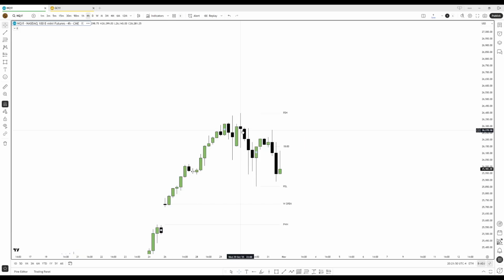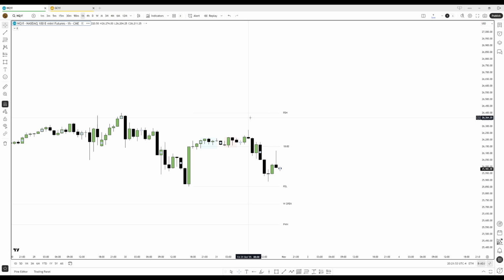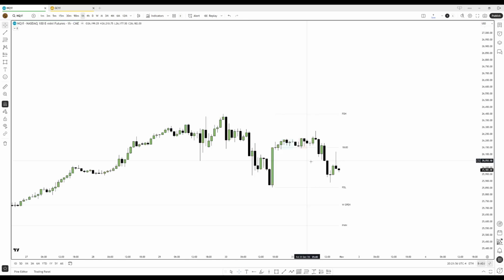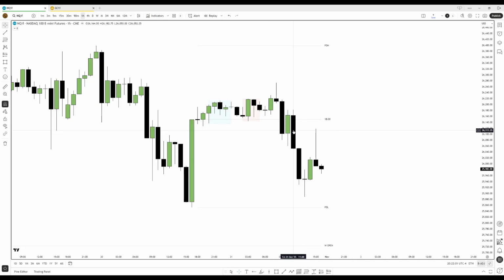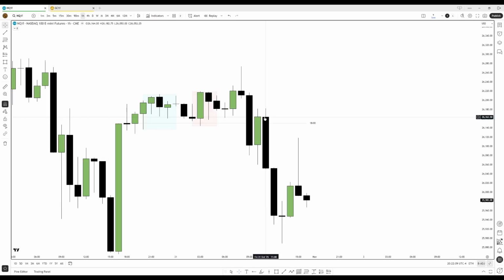If I go to the 1 hour, every candle is 1 hour. So for example, this candle was at 11 a.m. Eastern time, and the next one, 12 noon, exactly.